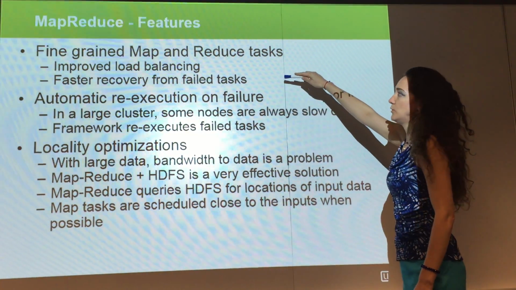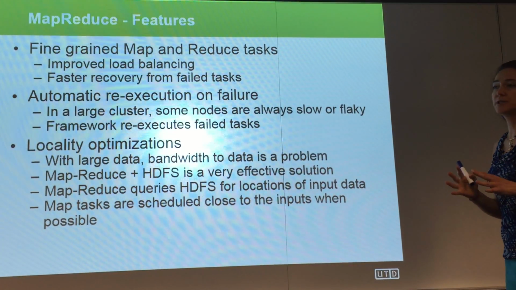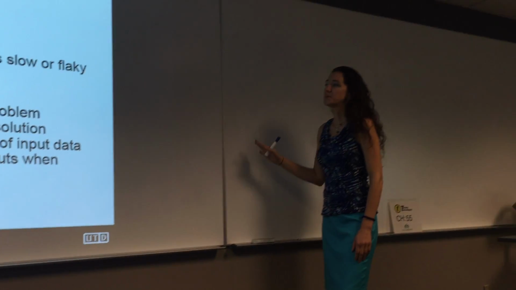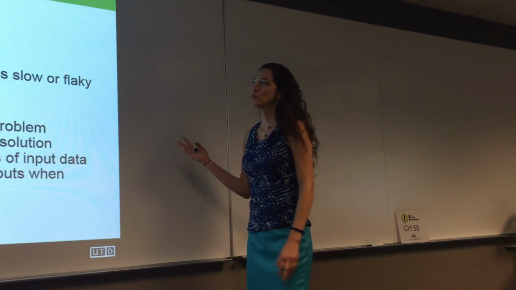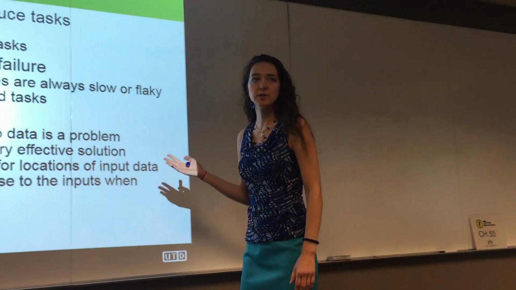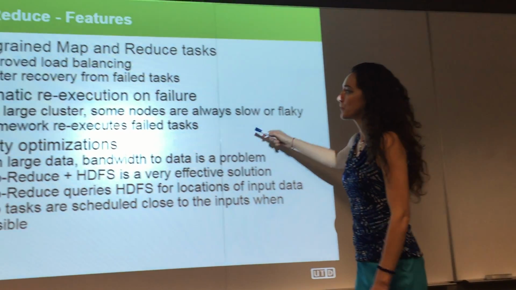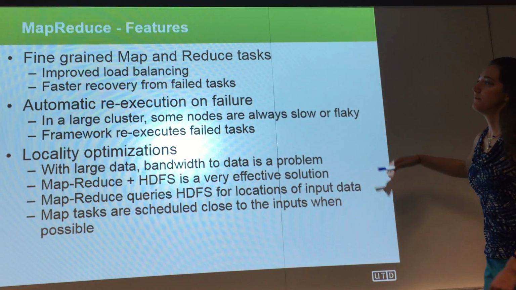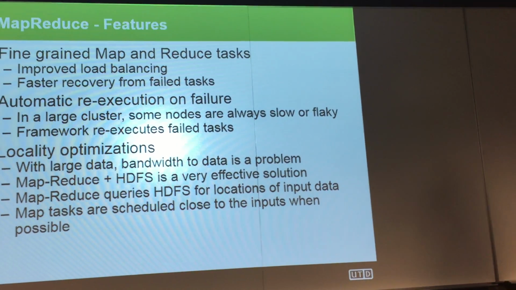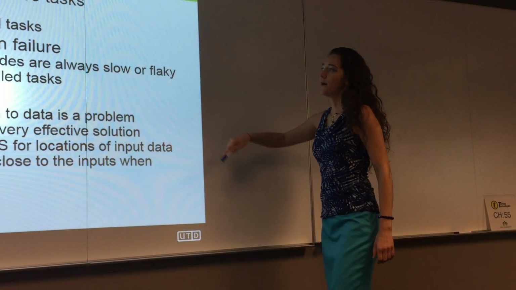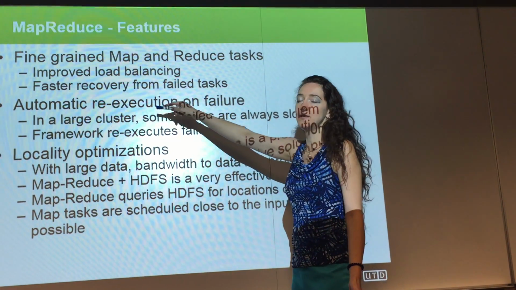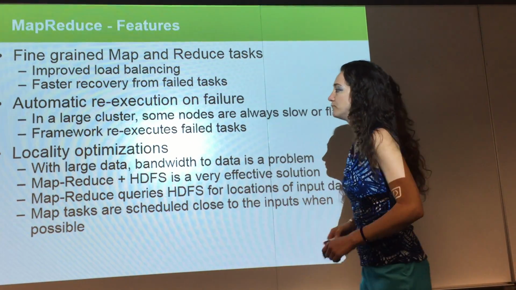If there is too much load on a particular node or a subset of nodes, we have a way to transfer this load to other nodes. If any of them fail, the distributed file system environment will take care of that and reassign the execution to another node.